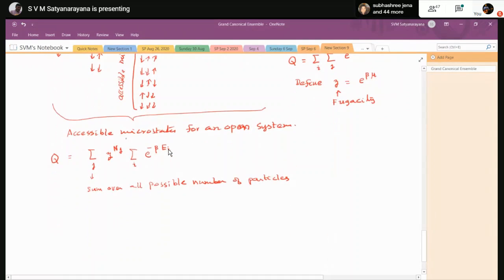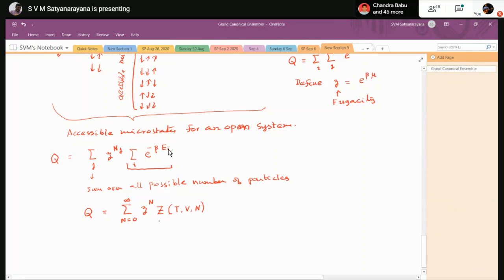Instead of a summation over j, I can start with the sum over n, which runs from 0 to infinity. That means no particle, one particle, two particles, like that. Each of these will have a factor fugacity raised to the power n, and the remaining part is essentially our canonical partition function, Z(T, V, N).